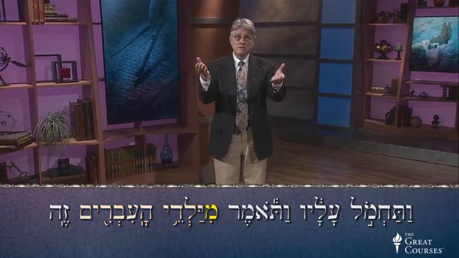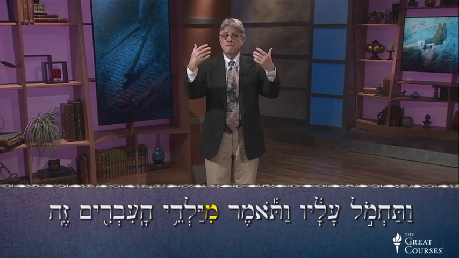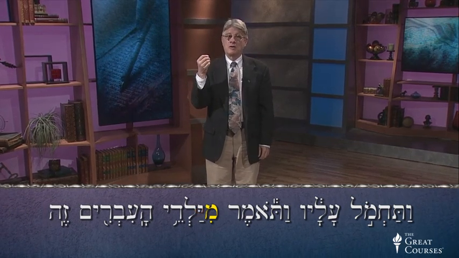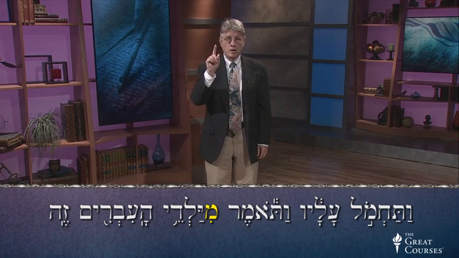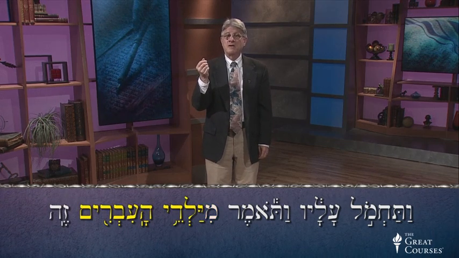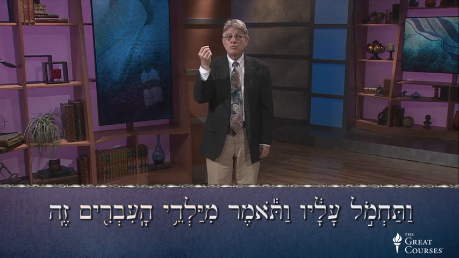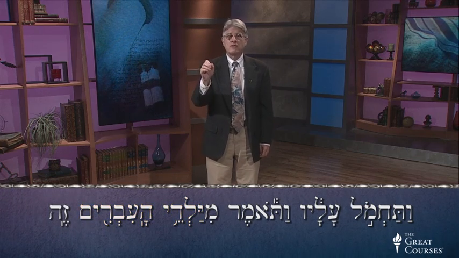And min, see the dagesh in the yud, from, in biblical Hebrew, often means some of, or in this case, one of. Yaldei ha'ivrim, the boys of the Hebrews, the ones my dad said were supposed to be thrown into the river and drowned. But Miriam had been watching to see what would happen to her brother. Now, in verse 7, she steps up to the plate.